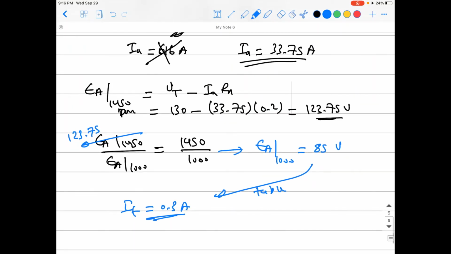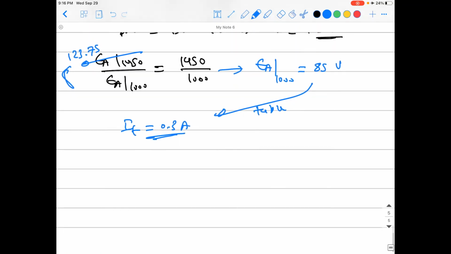why we did this? Again, because the table is taken at 1000 RPMs and we're not working at 1000 RPMs. So you have to use this direct relationship to find the corresponding induced voltage at 1000 RPMs, which can be used from the table to find the field current.